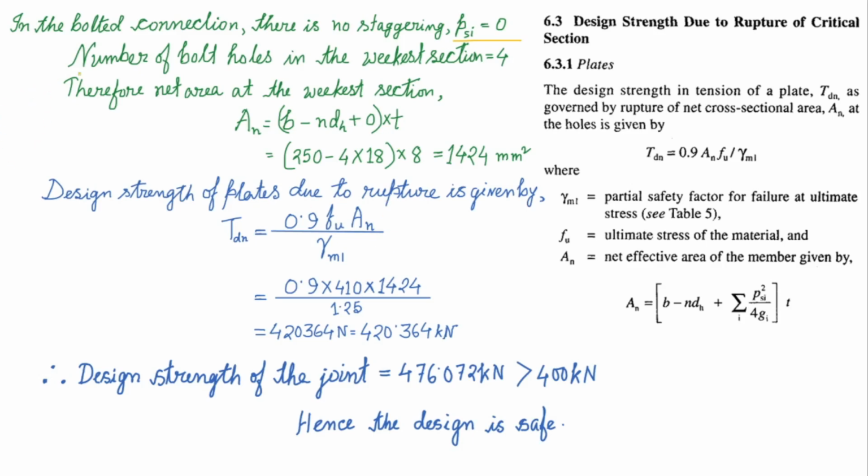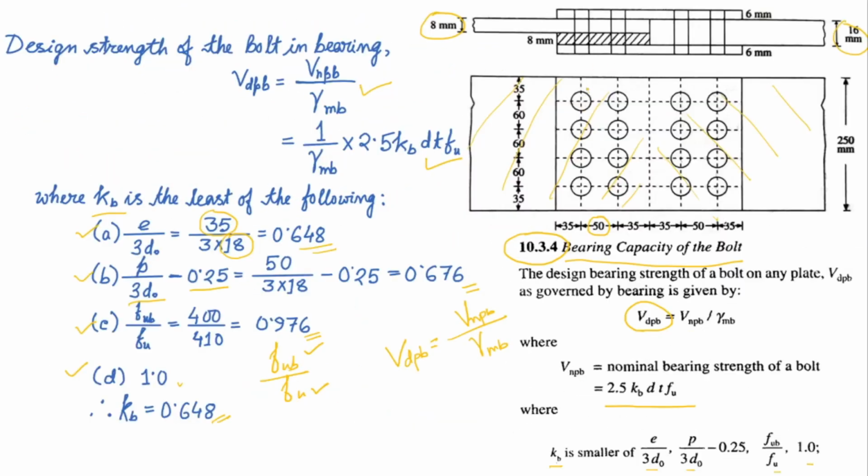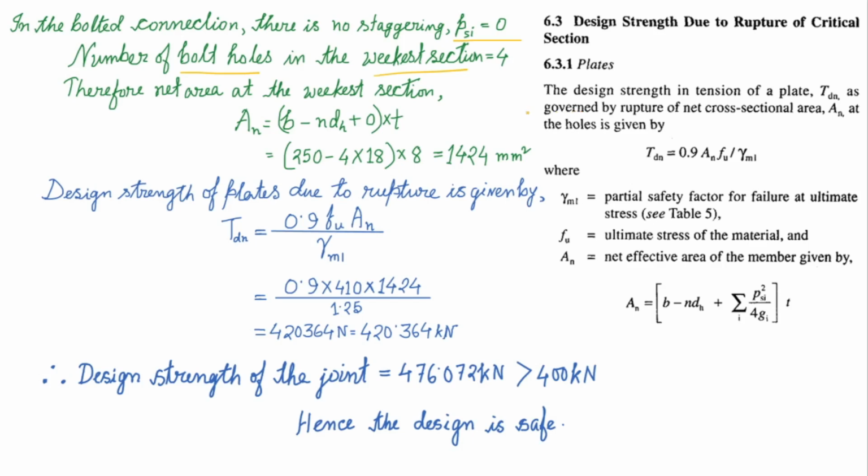Number of bolt holes in the weakest section, if you see in one section, how many number of bolt holes? 1 2 3 4. So at the weakest section the number of bolt holes is 4.